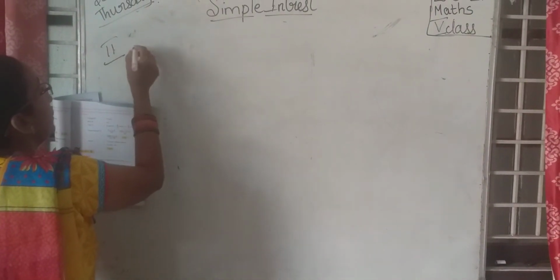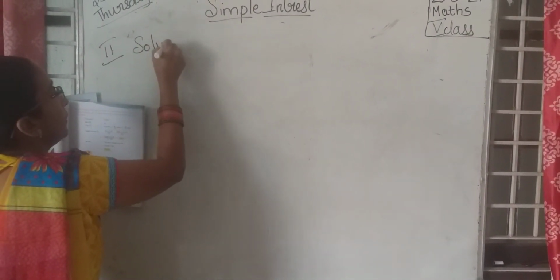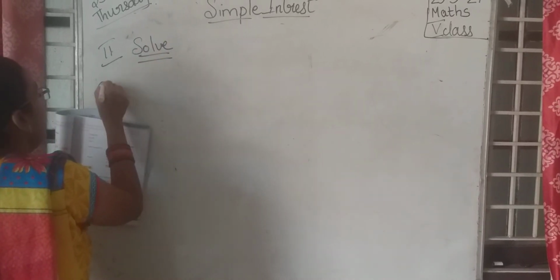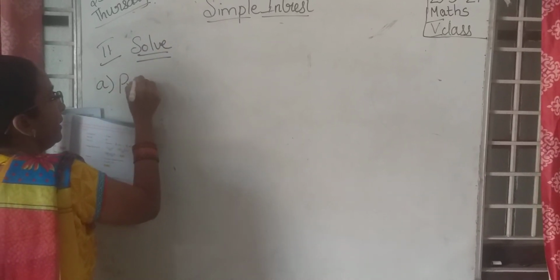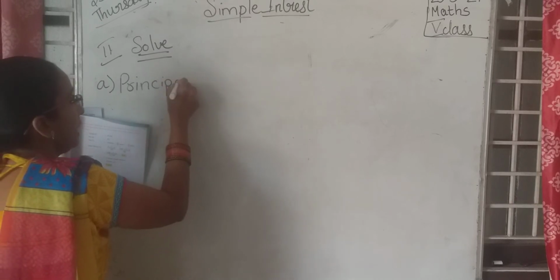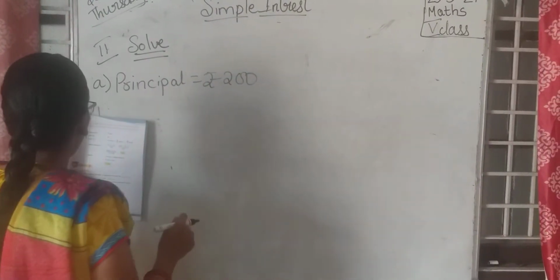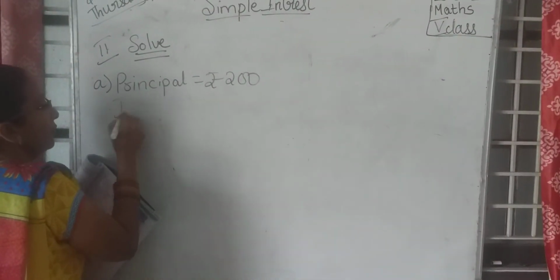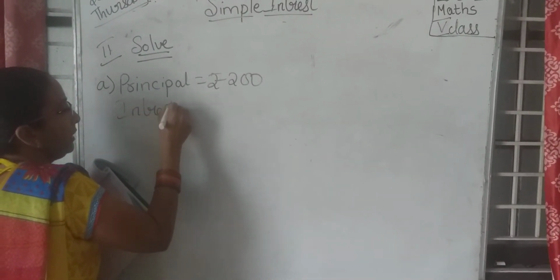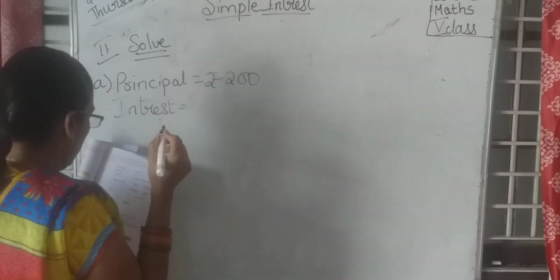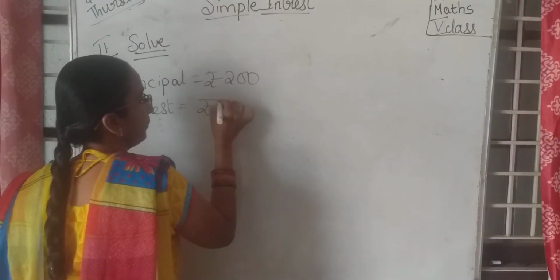Second bit. They gave you principal. Principal is equal to rupees 200. Interest is equal to how much? Interest is equal to rupees 50.